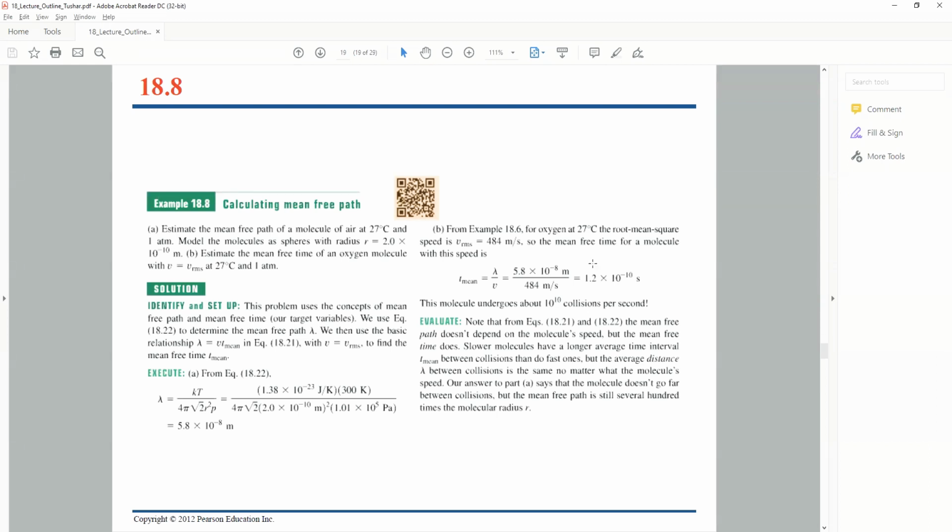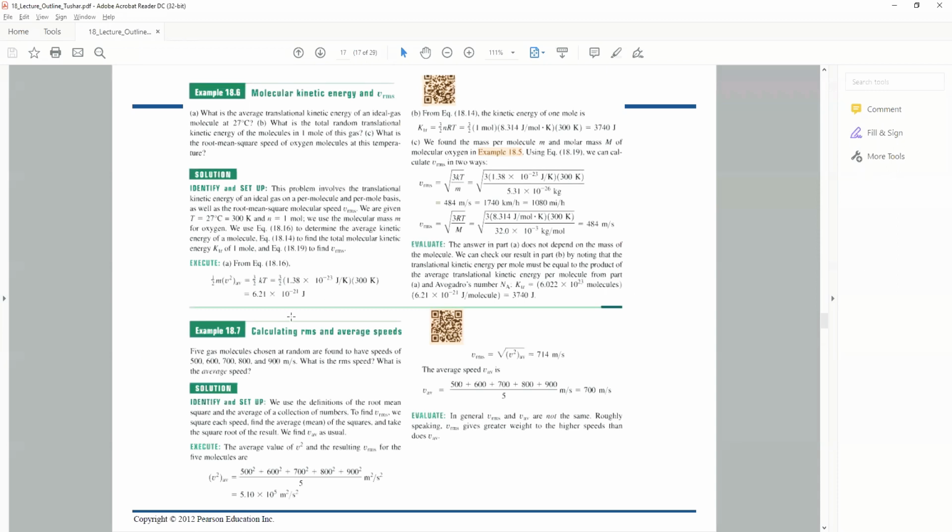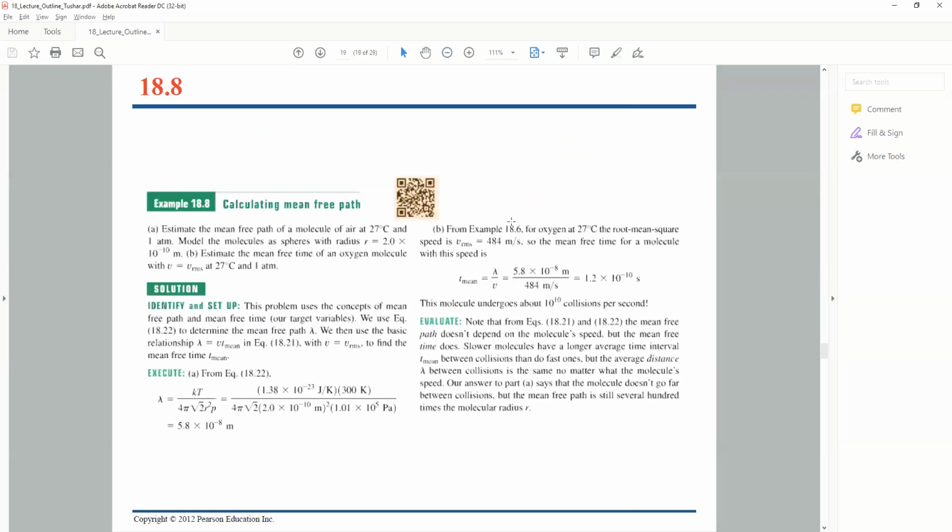In our first example we computed the RMS speed of oxygen, the root mean square speed of an oxygen molecule, which is equal to 484 meters per second.